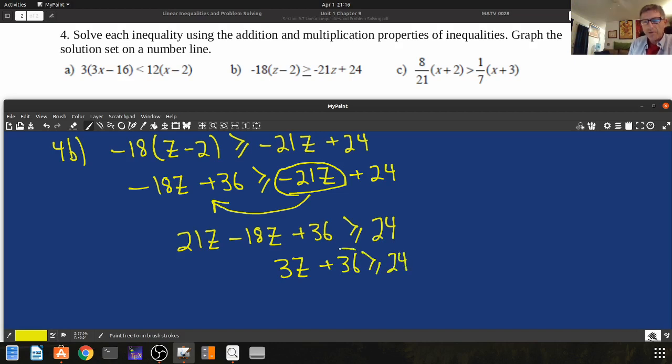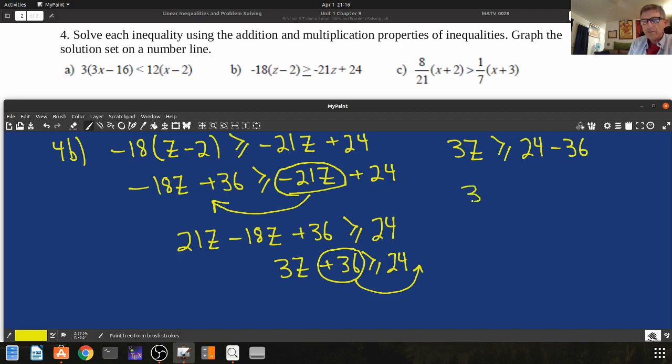So now I'm going to take the plus 36 and move it to the other side. So that's going to give me 3Z is greater than or equal to 24 minus 36.